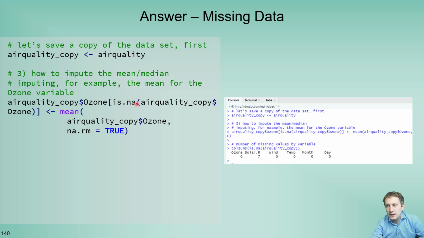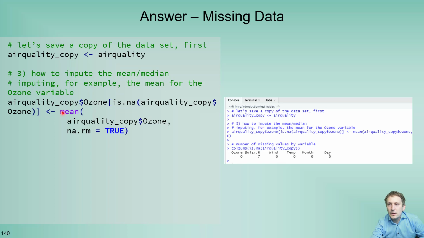And then we say, okay, is.na air quality copy dollar ozone. So is.na air quality ozone gives us a vector that actually picks the observations with missing values in the ozone column. So applying that with a bracket to air quality ozone selects those values that are missing.